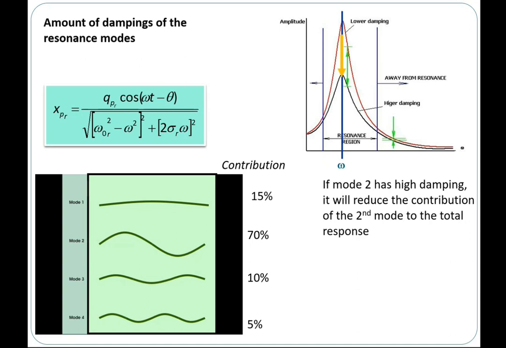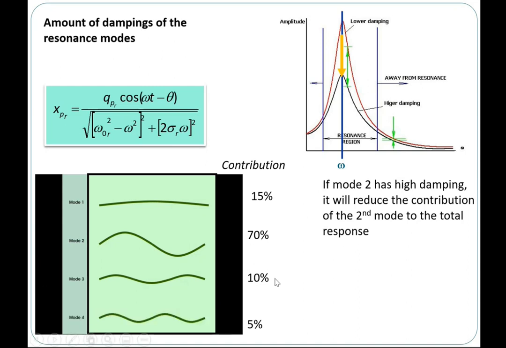So probably you can look into the 20 hertz, that is the natural frequency, and see what its damping value is. So probably in that particular case, the damping value is very much higher, right, so that it can absorb most of the vibrations. So in that particular case, the contribution of the vibration from that particular mode is lesser, then your vibration is relatively lower, even at resonant conditions.